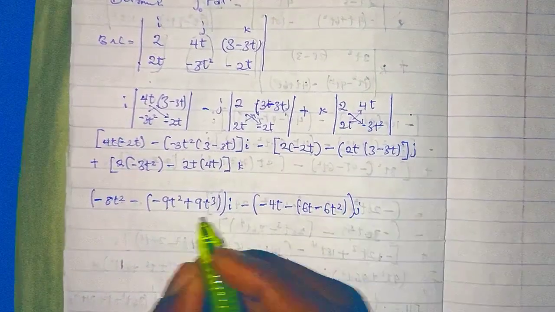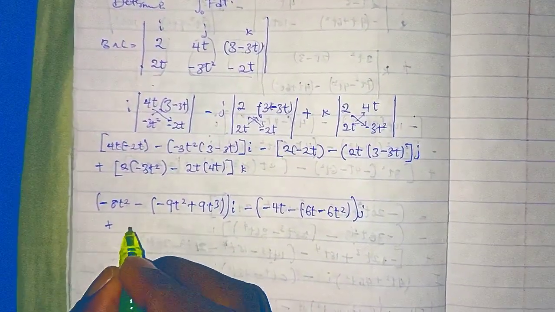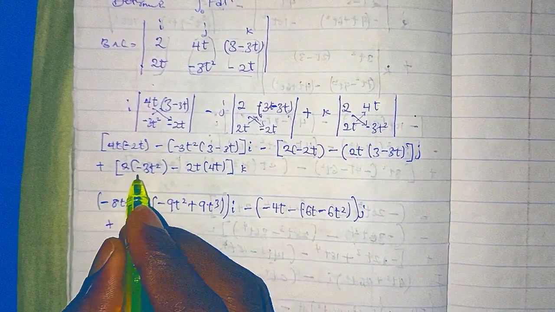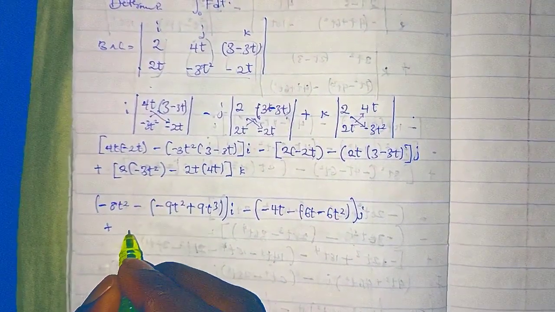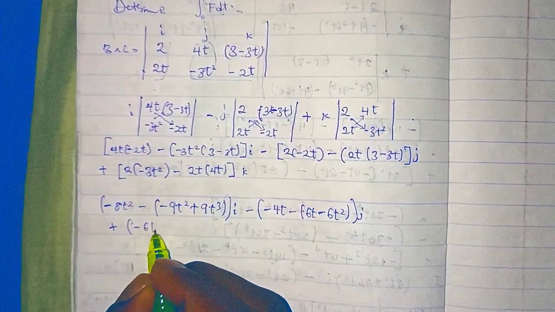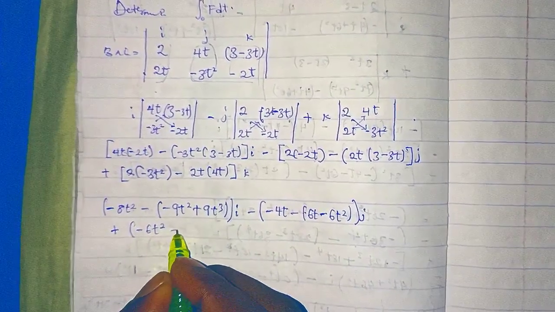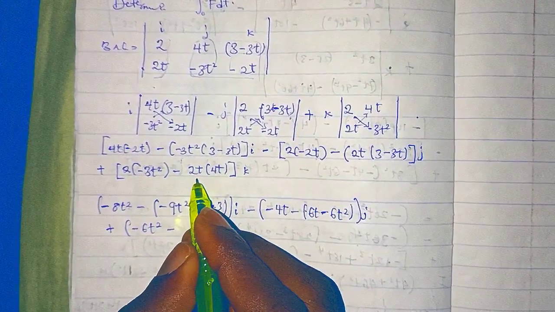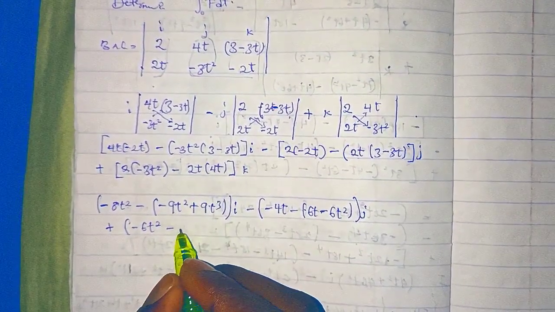And this is for j. Coming back to k here, we'll have 2 into minus 3t squared will give us minus 6t squared, minus. So 2t into 4t will give us minus 8t squared.